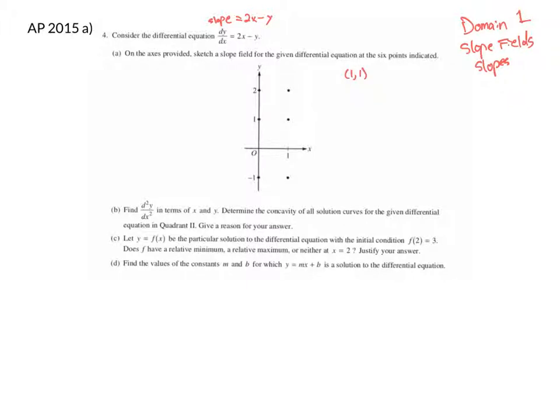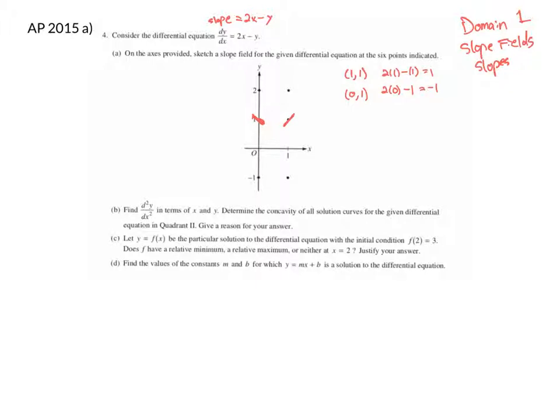So at 1, 1, our slope would be 2 times 1 minus 1. That would end up being a slope of 1. So I'm going to put a slope of 1 right there. At 0, 1, we would have 2 times 0 minus 1, which would be negative 1.